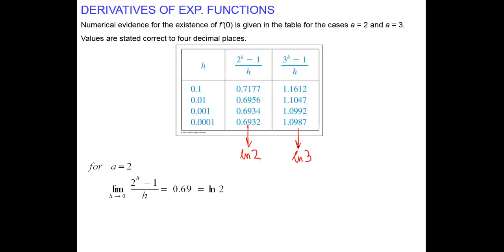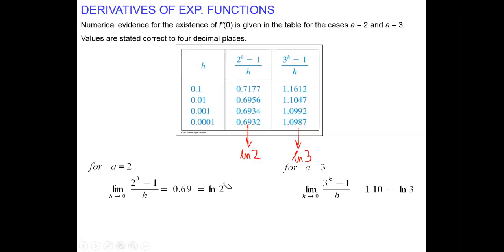This is just the natural log of 2, because 2 was the base. This is the natural log of 3. It's based on the numerical values. We can definitely test this, but it's not really a proper proof. It's just showing you based on the numbers.